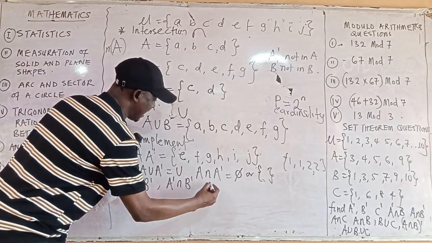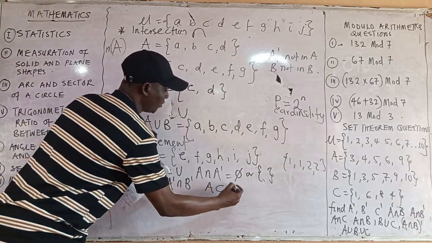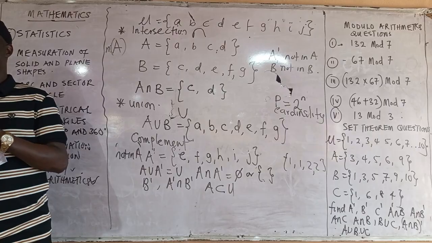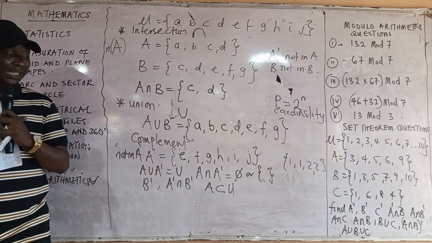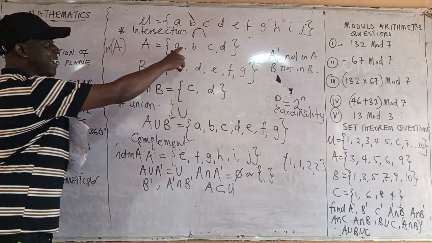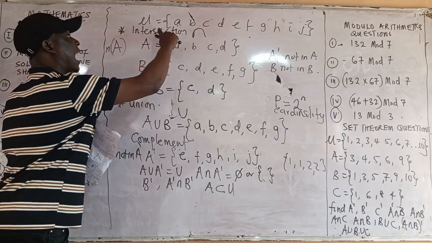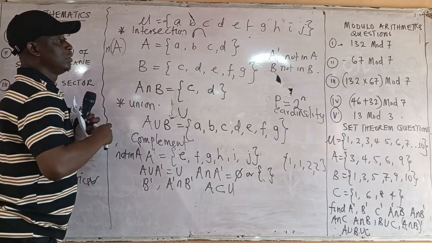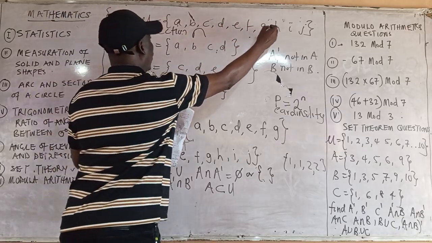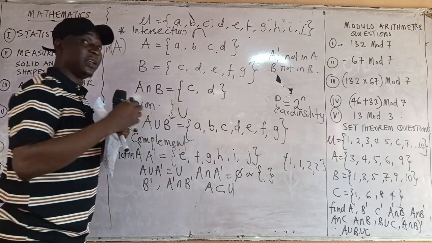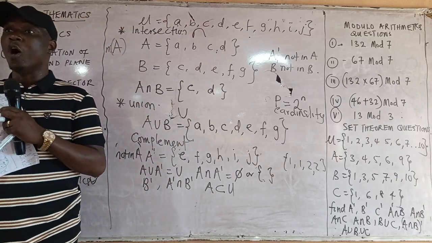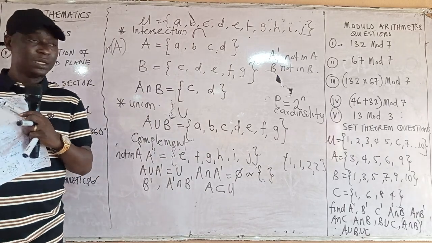Let's say A is a subset of the universal set. Why? Because A, B, C, D are all in the universal set, separated with commas. So that means all sets are subsets of the universal set.